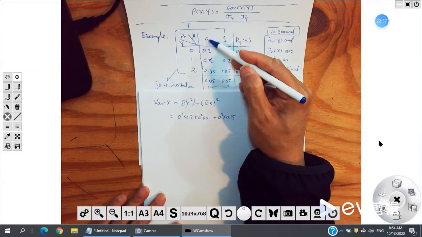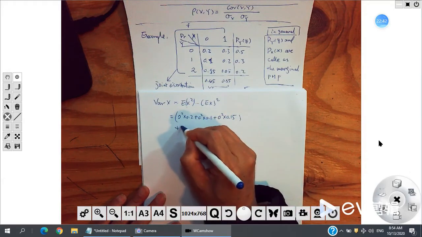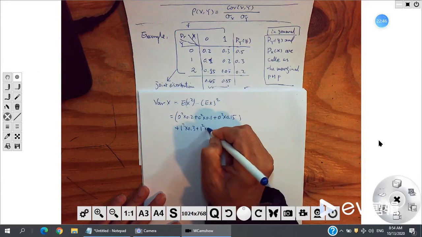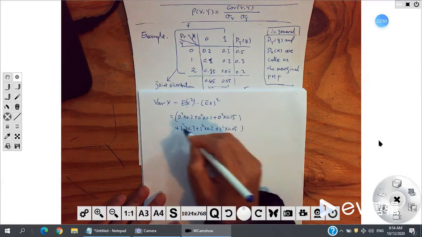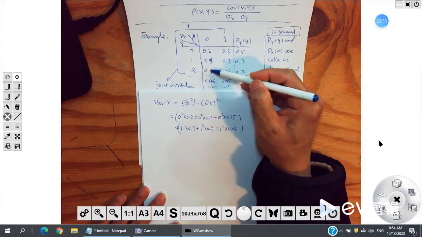We can work like this, plus 1 squared times 0.3 and 1 squared times 0.2 and 1 squared times 0.05. We do not use this part. We use this probability.